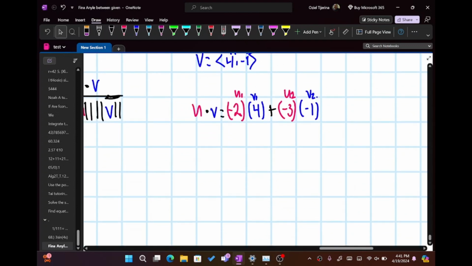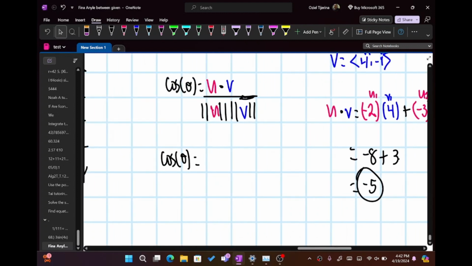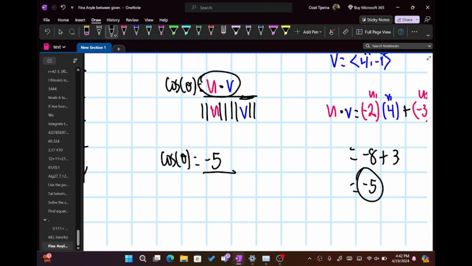So this is going to be -8 plus 3, which is equal to -5. So we know that u dot v is -5.